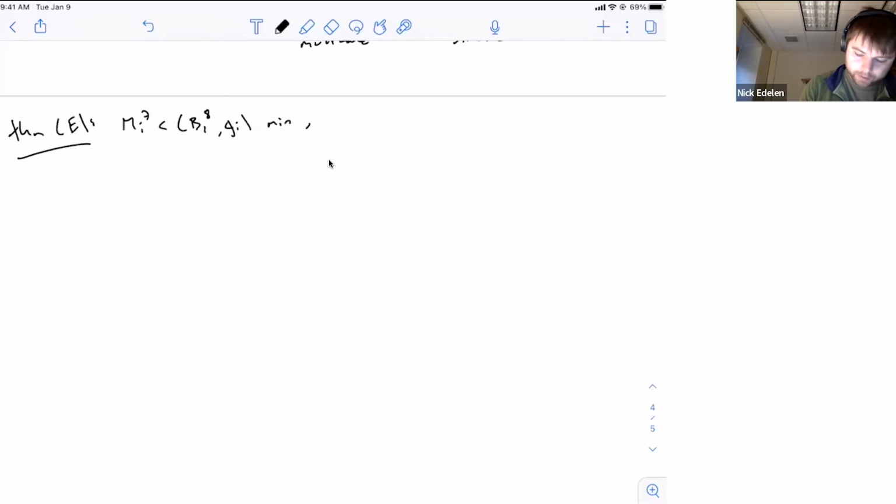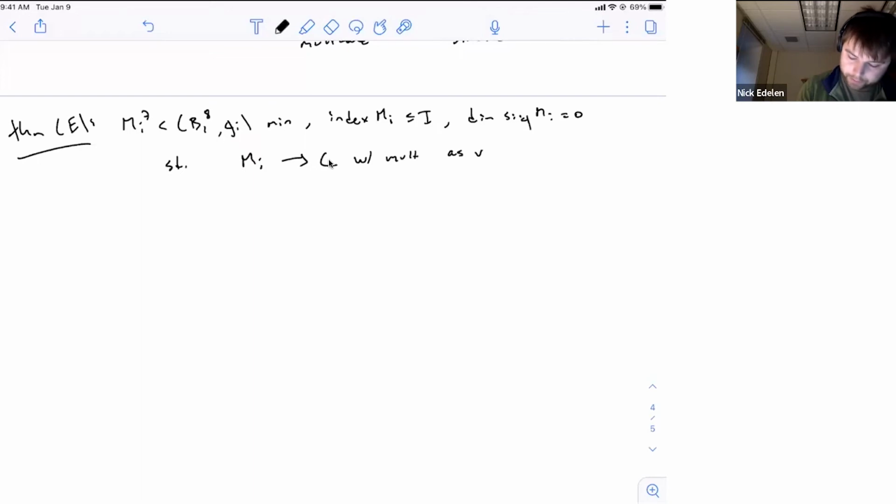So minimal, uniformly bounded index, and optimal singular set, so no codimension 1 junctions. And let's suppose that the M_i converge to some cone, possibly with multiplicity, as varifolds or measures. And of course, we have to assume the metrics converge. So let's say they converge to the Euclidean metric in C^3.